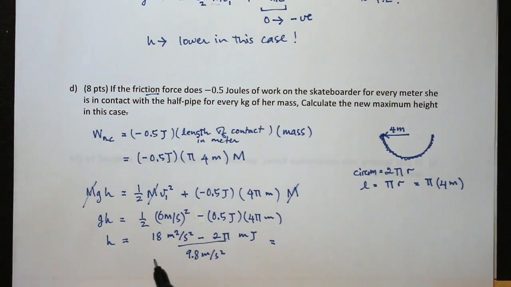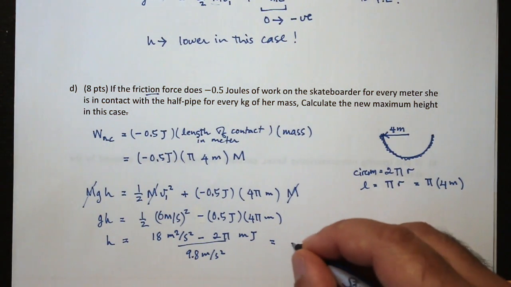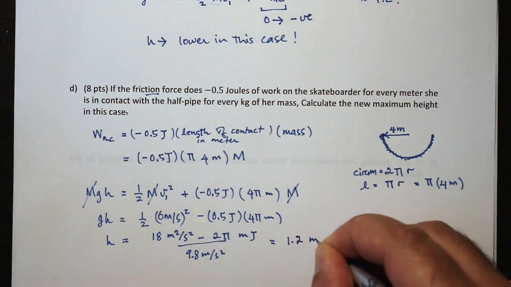And then you'll see that this is 18 minus 2 times pi. Pi is 3.14, so this is roughly 6 point something. 18 minus 6, that's 12, over 9.8 is roughly 1.2. And if you work it out, you'll find that it's 1.2 meters.